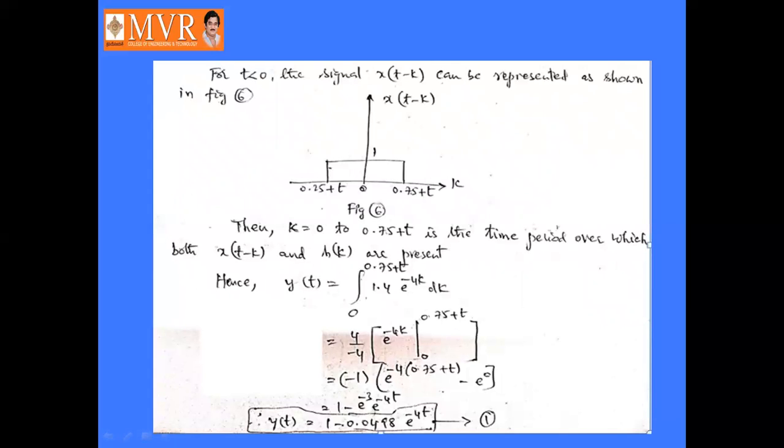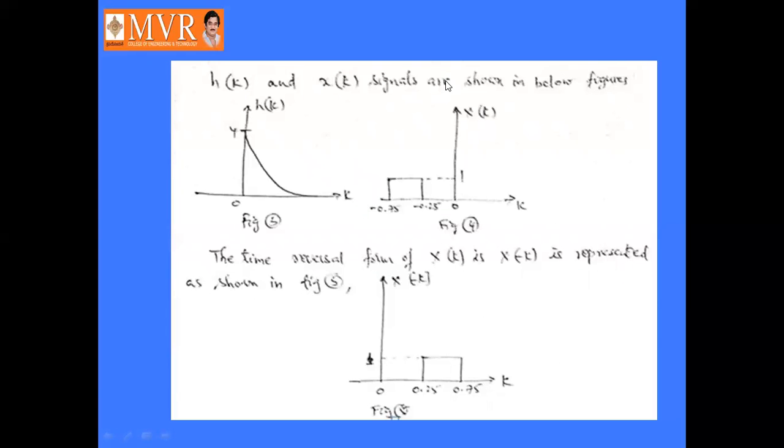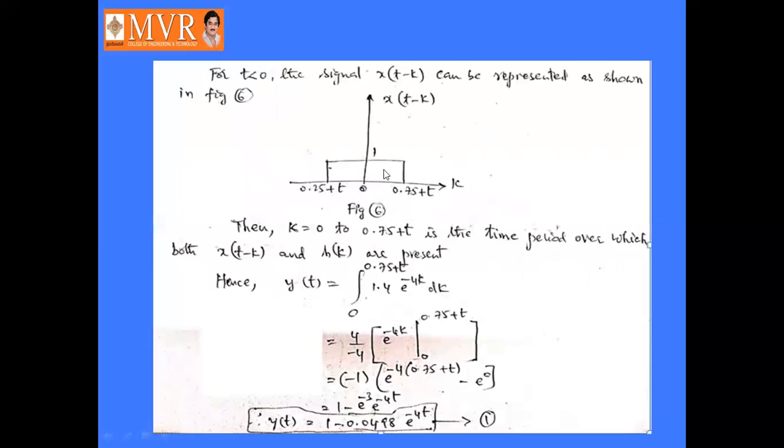So for t less than 0, the signal x of t minus k can be represented as shown in the figure. x of t is already there, so x of t is this one. x of t minus k can be represented like this. So for t less than 0, the signal x of t minus k can be represented as in figure 6.